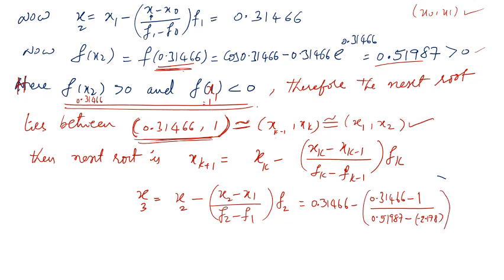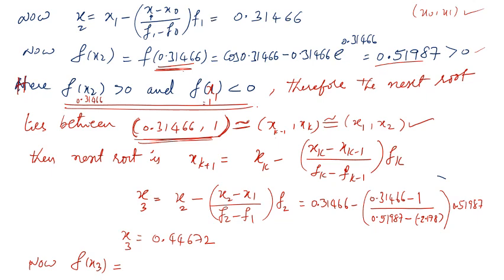This entire thing is multiplied by f2, that is 0.51987. Now you will get x3 as 0.44672. Now calculate f of x3 value to again locate the interval.